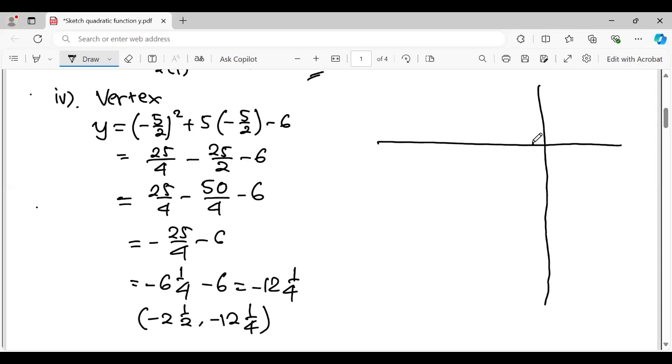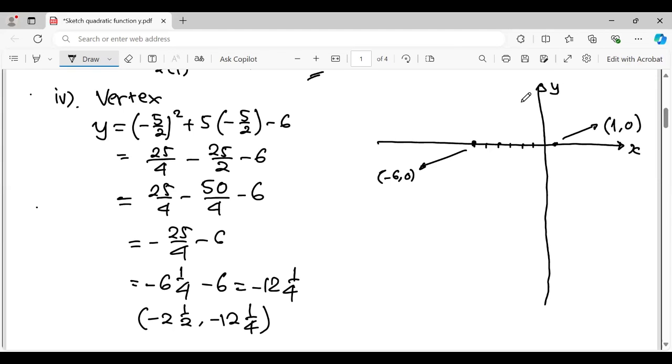Minus 6, 1, 2, 3, 4, 5, 6. This is minus 6. Intercept point minus 6, comma 0. And this is 1, 1, comma 0.